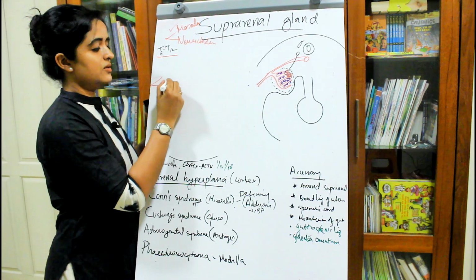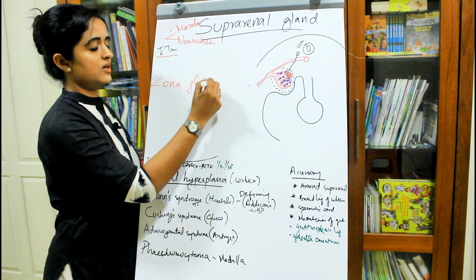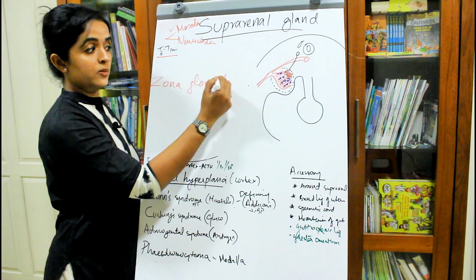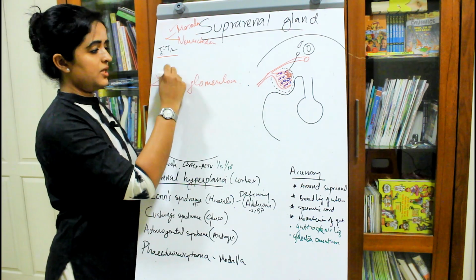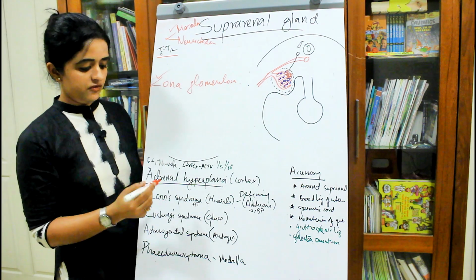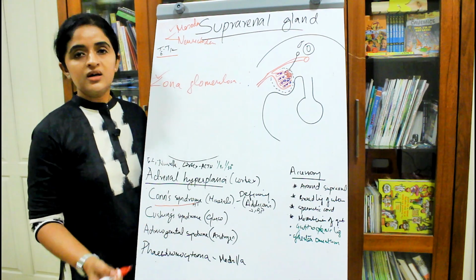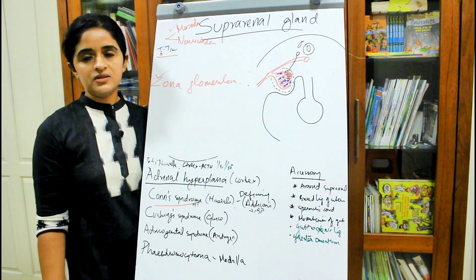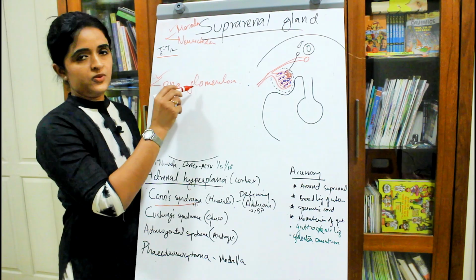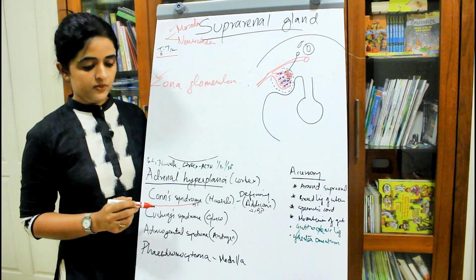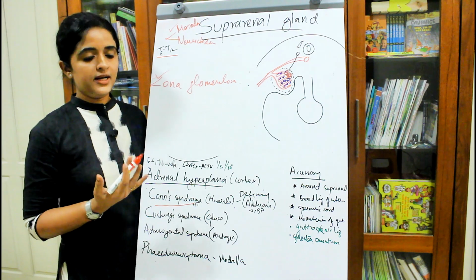The first one is the zona glomerulosa. If there is adrenal hyperplasia of the zona glomerulosa, that will result in a condition known as Conn's syndrome. Conn's syndrome is due to hyperplasia of this layer, the zona glomerulosa, that is the mineralocorticoid layer.